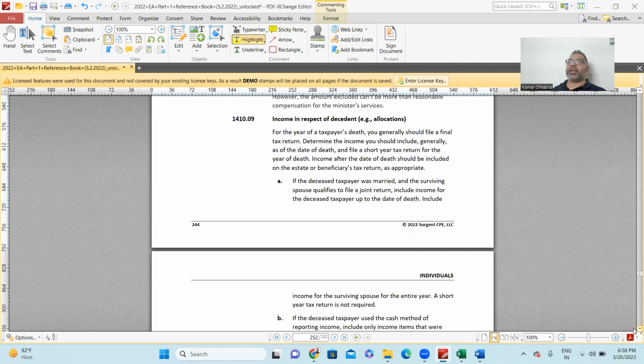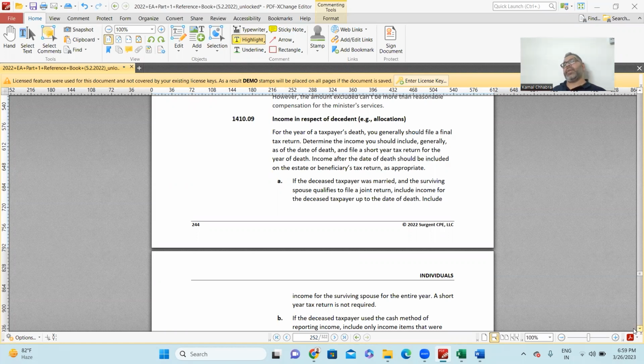For example, Mr. X died on 30th September 2022. And now for the financial year 2022, who will file his return, and how is his return to be filed? So let's assume Mr. X died on 30th September 2022 and Mrs. X is the legal heir.